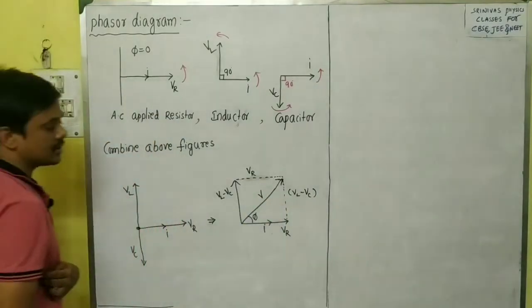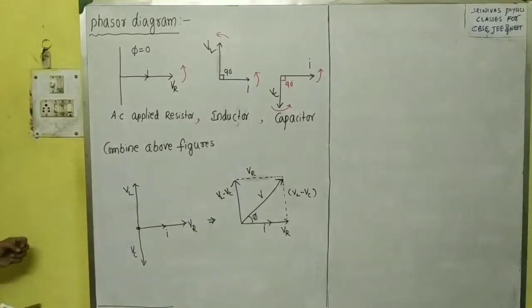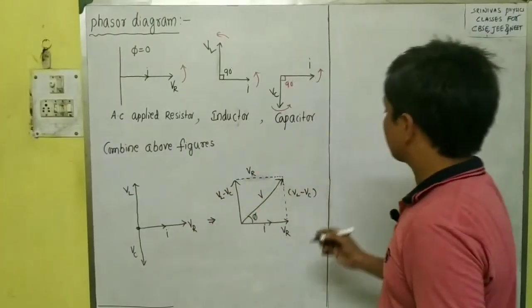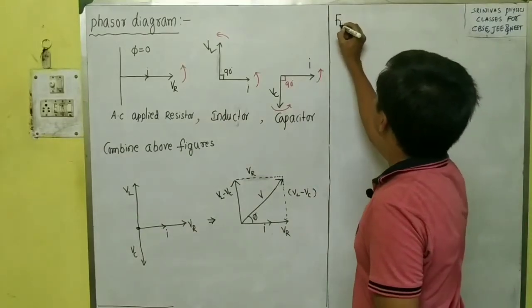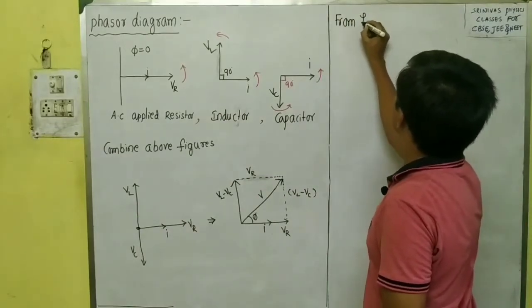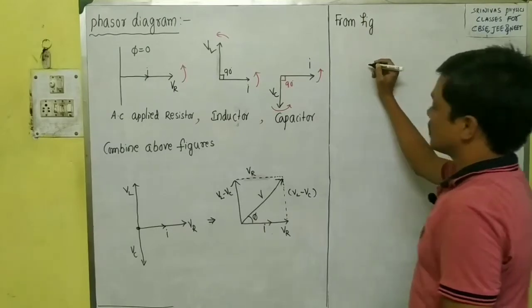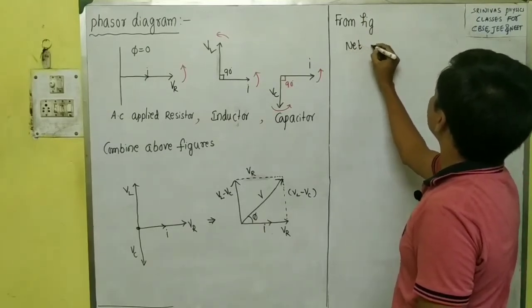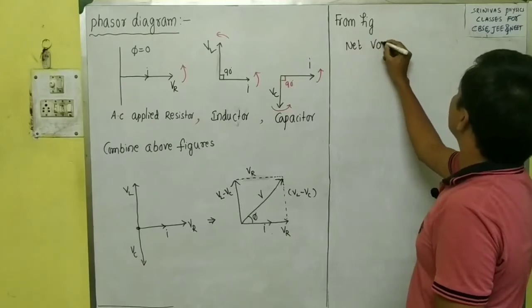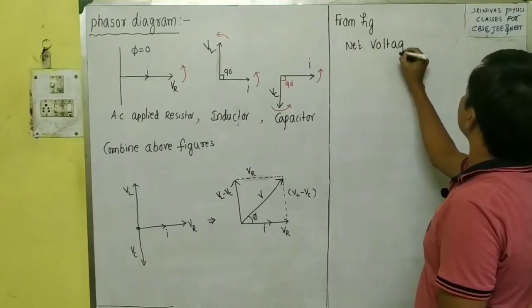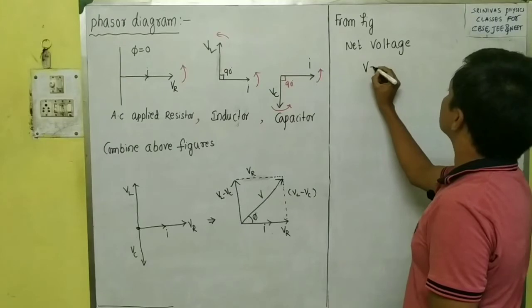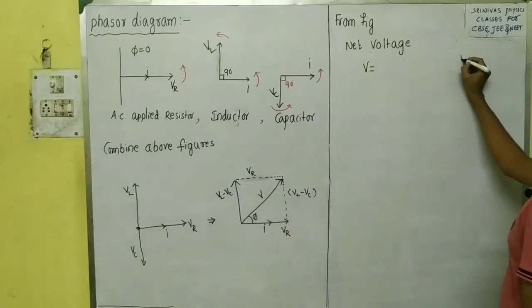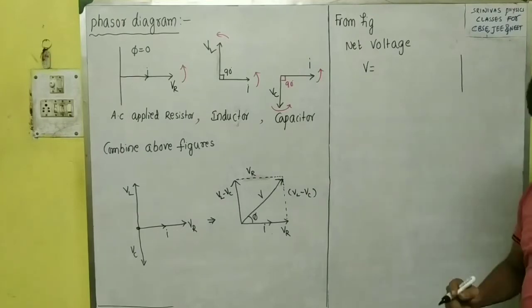Okay? Right. From the figure, what can we write? The net voltage V is equal to, we can apply the Pythagoras principle.